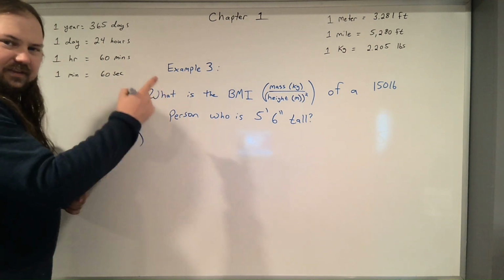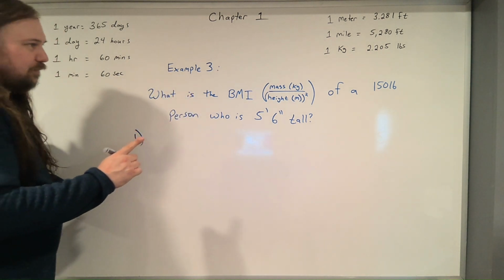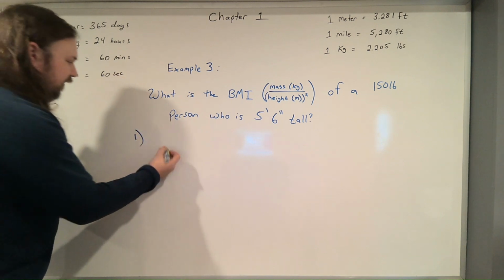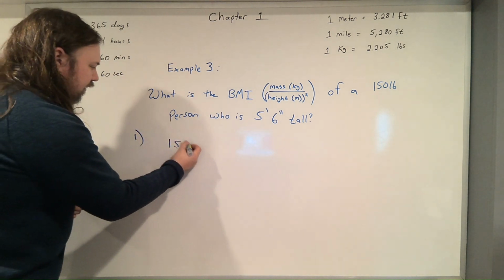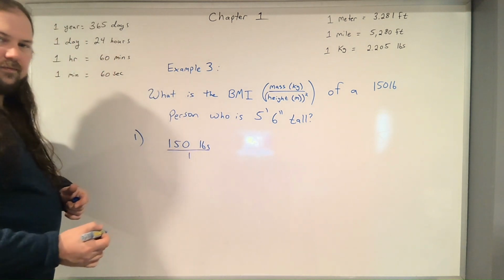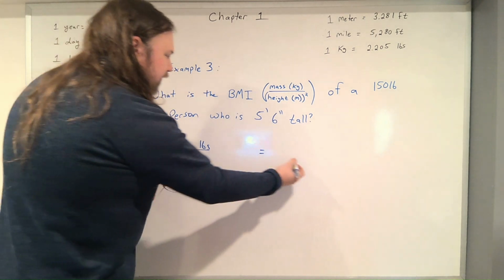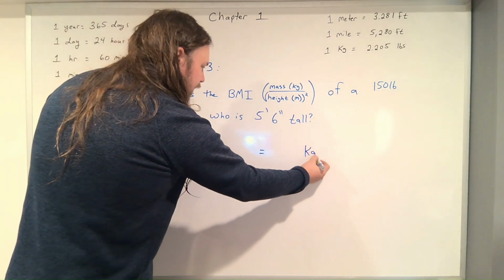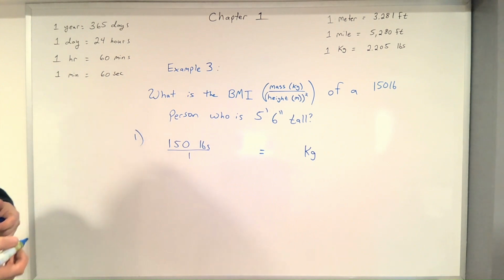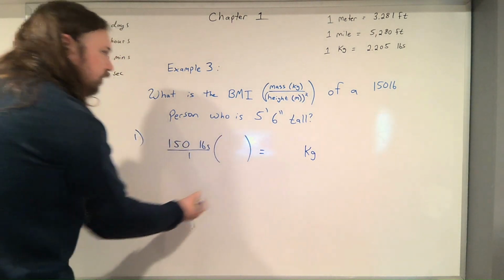One, I'm going to try and get that mass into kilograms. So for the first part, the top of it, I started with 150 pounds. And what I'm looking for is something in kilograms. For the second part, I know there'll have to be a conversion here, so we'll do this.